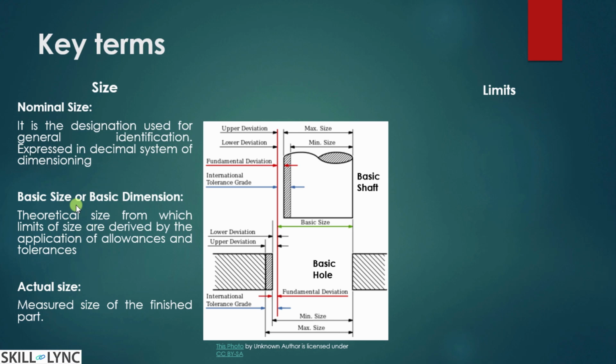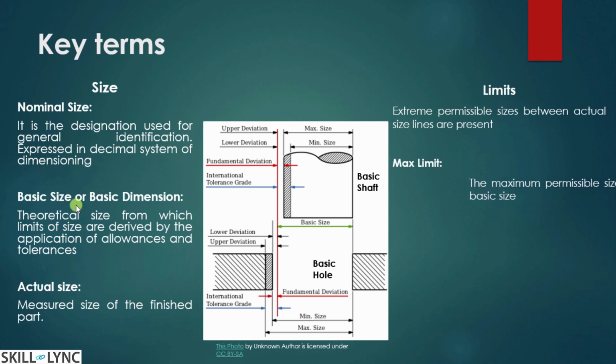Next you define the limits based on the tolerances that you have. The limits basically determine the extreme possible or permissible sizes that are allowed between the actual size lines. So we call it a max limit and a min limit. In max limit, the maximum permissible size is applied for the basic size.